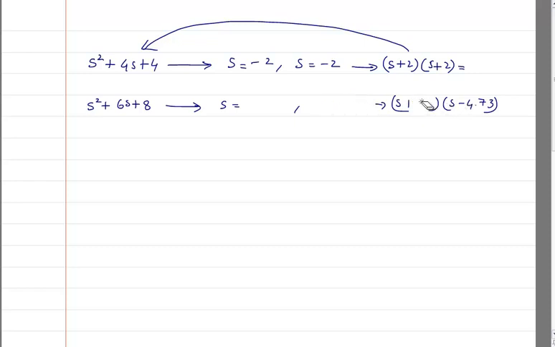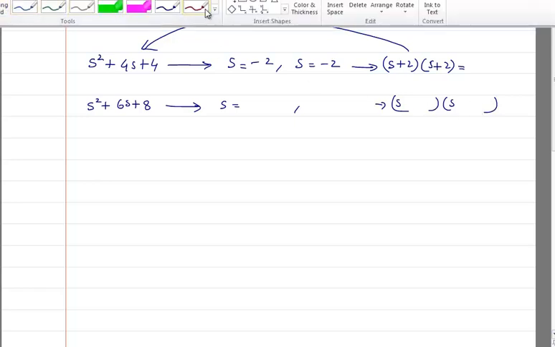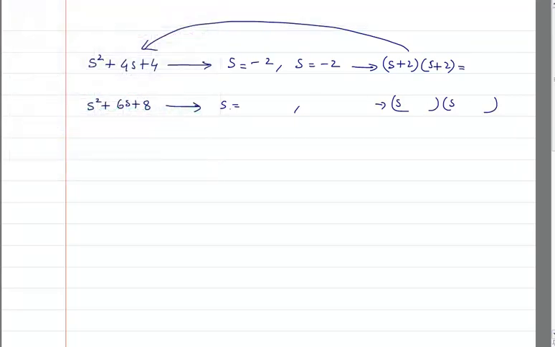I am doing this just because I don't want to keep any decimal fractions. This one will give me a value of s as -2, and another one as s is equal to -4, which gives me s plus 2 into s plus 4, which again if you multiply, you will get exactly this. So we have factorized here.